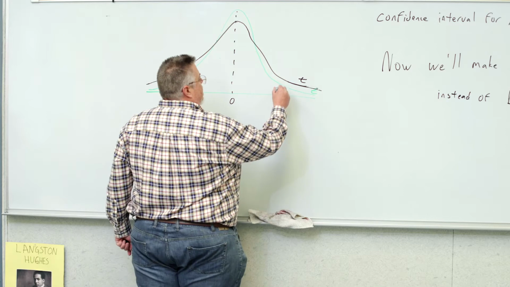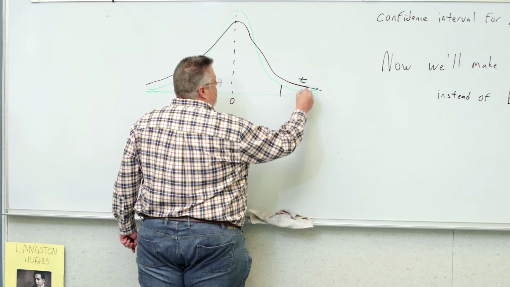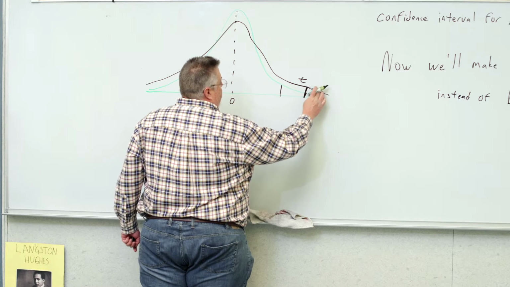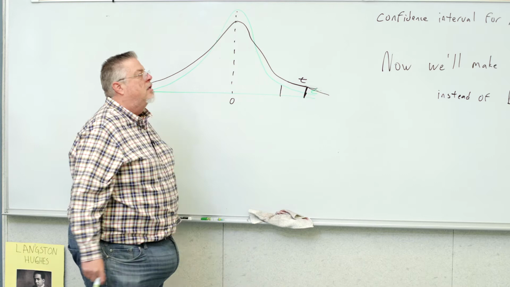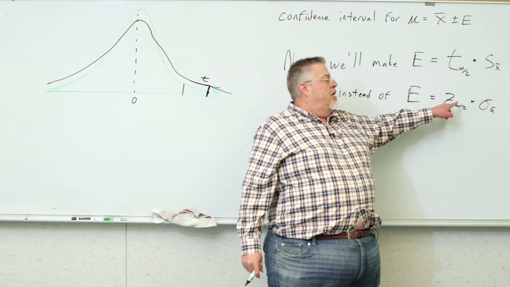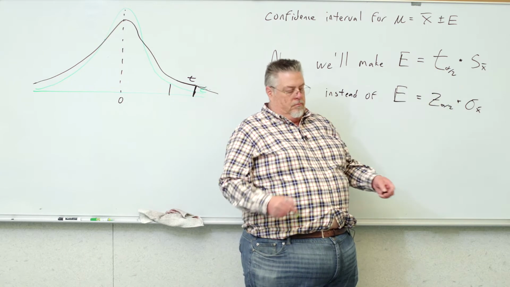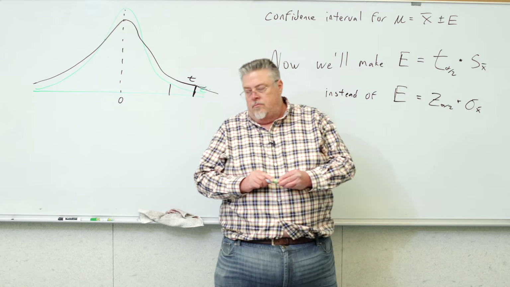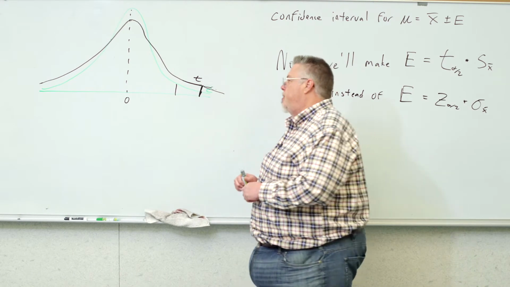So where this might have been the z-score that left 2.5% in each tail, I've got to reach out further to find the t-score that leaves 2.5% in each tail. So these t-scores are going to be a little bit bigger than the corresponding z-score. All right. Now, there isn't just one t distribution.